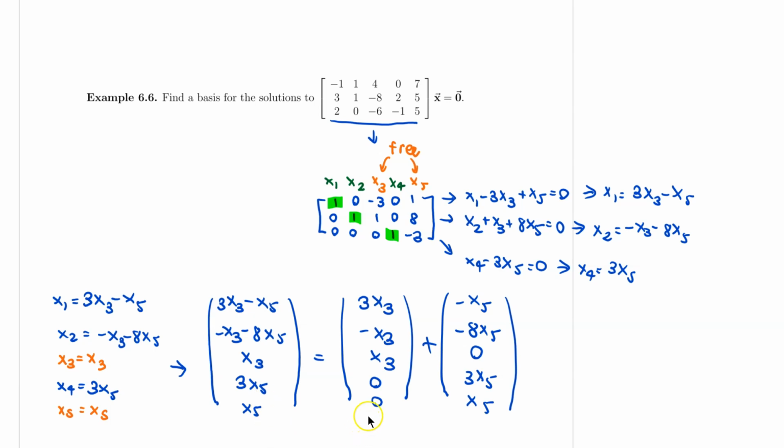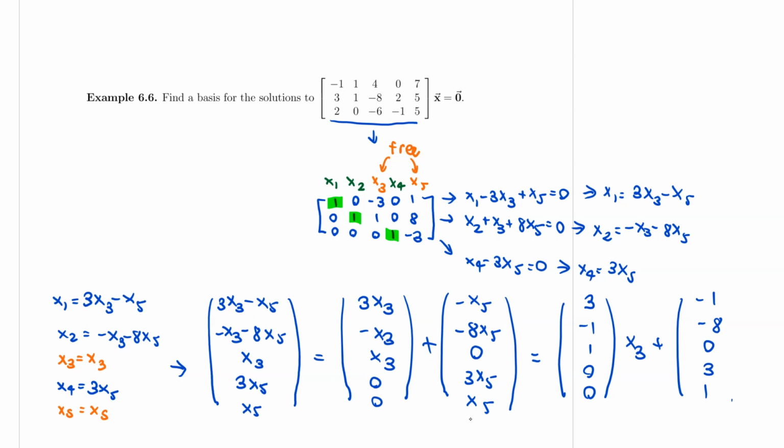Notice that if I just add up these two vectors here, I'm going to get the general solution that I have from earlier. But now, notice that I can pull out x3 from my first vector, and I can also pull out x5 from my second vector. So I can rewrite these two vectors as just 3, negative 1, 1, 0, 0 times x3 plus the second one would become negative 1, negative 8, 0, 3, 1 times x5.